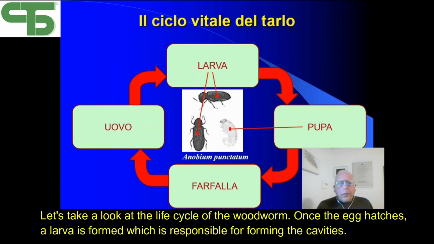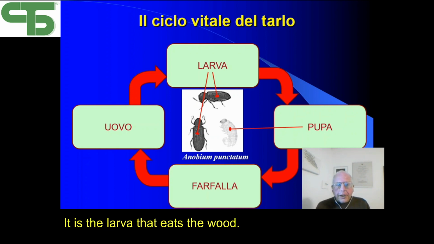Let's take a look at the life cycle of the woodworm. Once the egg hatches, a larva is formed, which is responsible for forming the cavities. It is the larva that eats the wood.